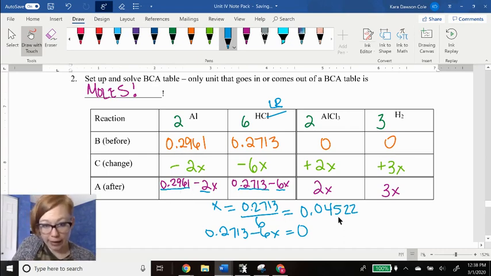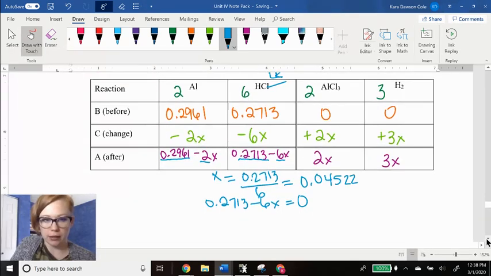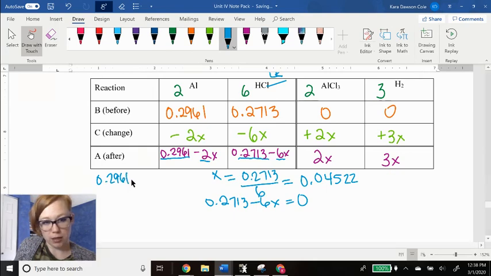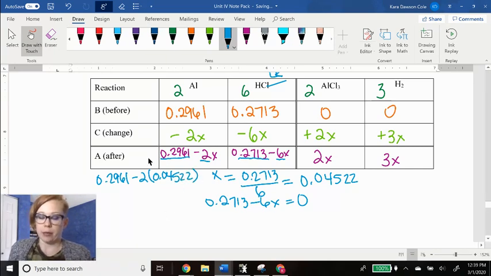So then I can go back and plug in my x value for everything that I've got, okay? So let's check my aluminum one, right? Checking to make sure that I picked the right limiting reactant, I've got 0.2961 minus 2 times 0.04522. If this gives me a positive number, then I picked my limiting reactant correctly, okay?